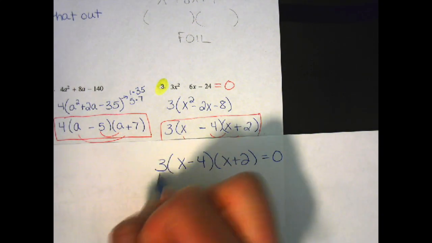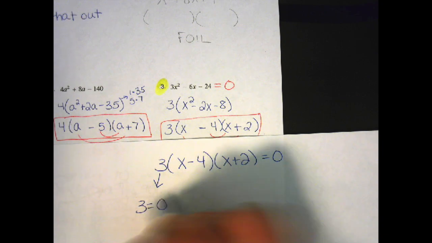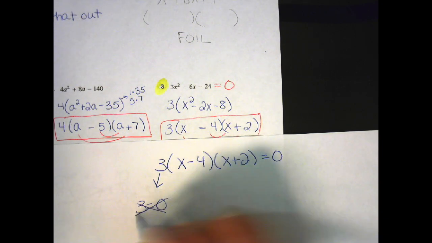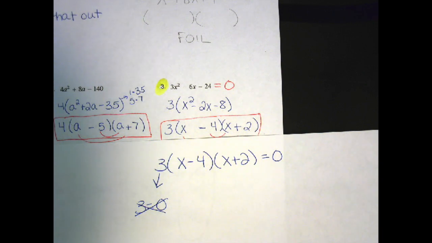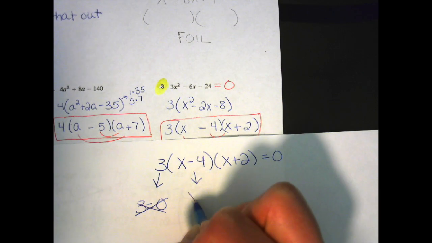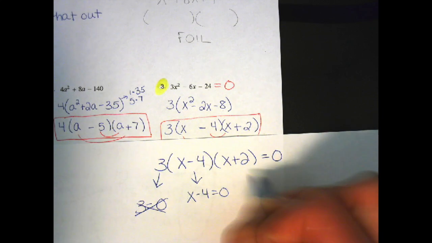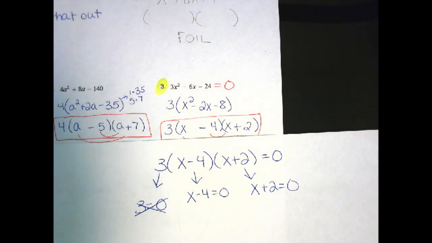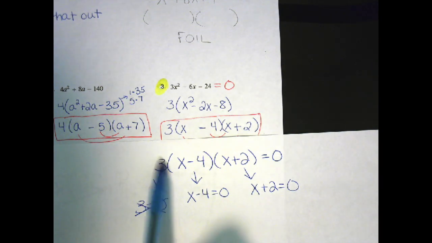And honestly, you just set them equal to 0. But do you see how there is no variable? So you don't have to worry about it. That would not be a solution. Then this part right here, you would set equal to 0. And then this part, you would set equal to 0 as well. Okay? The only time we have to worry about this is if there's a letter behind it.